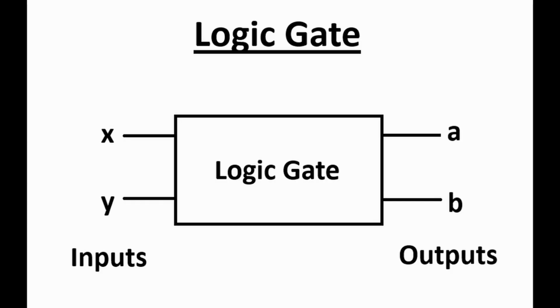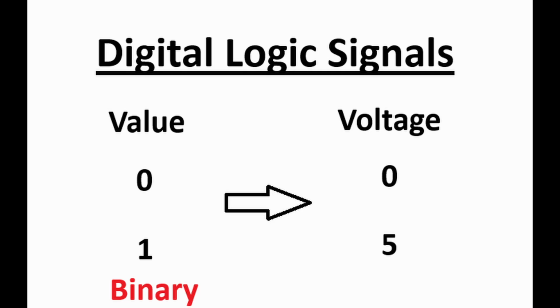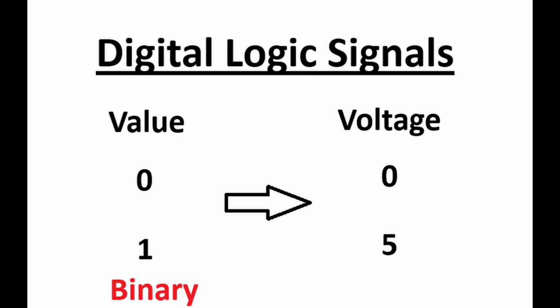A logic gate is a small component that has some inputs and some outputs, which are electrical signals in the form of voltages. In this case, there are only two kinds: a low voltage, like 0 volts, which represents a value of 0, or high voltage, let's say 5 volts, which represents a value of 1.